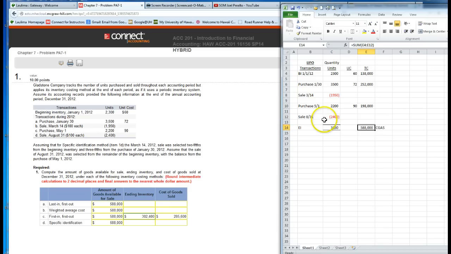Now we had a sale at August 31st, and that sale was for 2,400 units. And so with LIFO, last in, first out, we assume that we start at the bottom and work our way up.